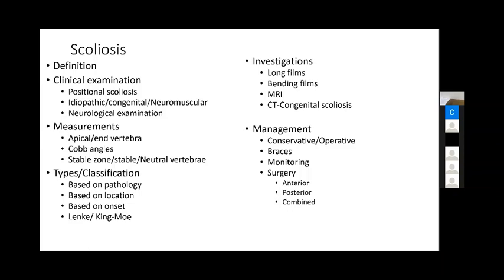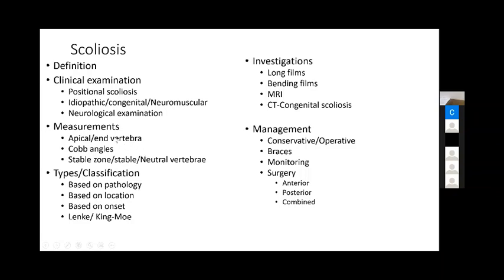So for the exam, scoliosis is basically the definition of your scoliosis. How do you differentiate it from functional scoliosis, and also differentiate between idiopathic, congenital and neuromuscular? The neurological examination is important to note if there is any upper motor neuron sign. Important measurements are the apical vertebra and end vertebra.